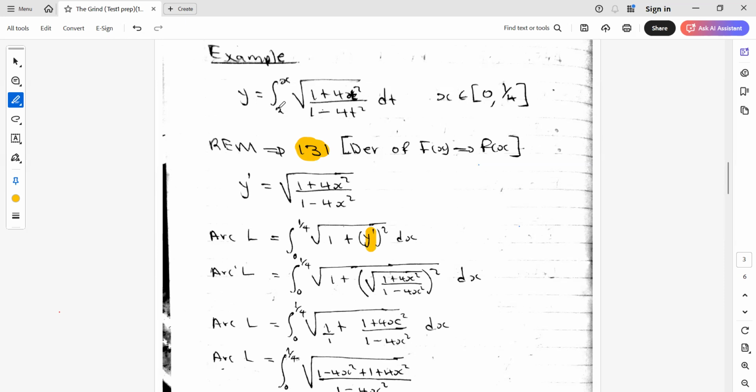But now, in this case, they gave you the definite integral. How can you find the derivative of the definite integral? This is the definite integral that we are given instead of a curve, just a simple equation, but it's a definite integral. Now, back from MATH141, you'll have to remember that, okay, the derivative of an antiderivative is just going to be back to your function, right?